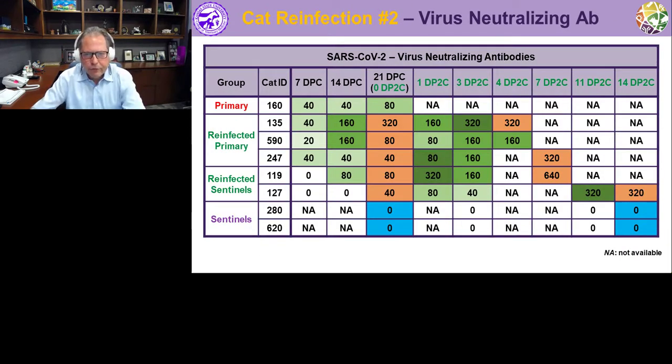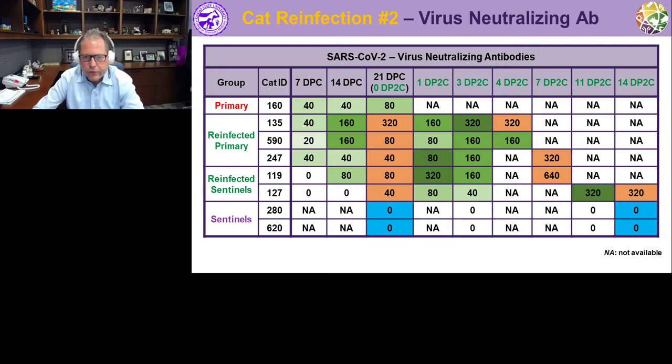We looked at virus neutralizing antibodies, and here on day 21 post-primary challenge, the 5 animals we reinfected are shown with the brown background. They all had neutralizing antibody titers against SARS-CoV-2, and our sentinel animals were negative.